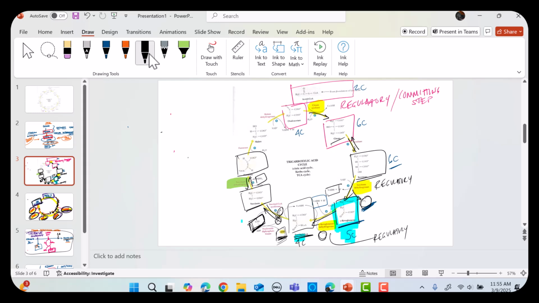One is it's your literal physical link between Krebs and the electron transport chain. That's a really common question. So which of the following enzymes links the Krebs cycle to the electron transport chain, or links the Krebs cycle to the inner mitochondrial membrane? You're going to pick succinate dehydrogenase. And I will absolutely ask you that question. So it does do that.